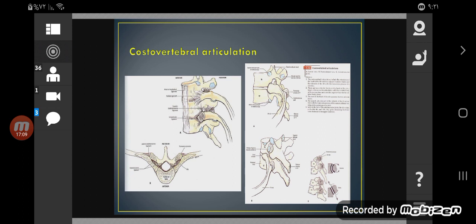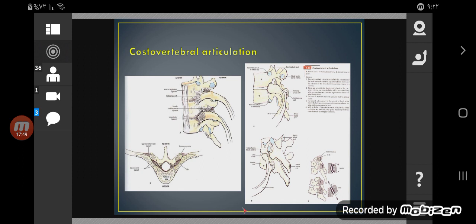Another ligament is the costotransverse ligament. The costotransverse ligament binds the posterior aspect of the neck of a rib to the anterior surface of the transverse process. You can see easily in this picture the location of the costotransverse ligament. The gap between the transverse process and the back of the neck of a rib is filled with this ligament.